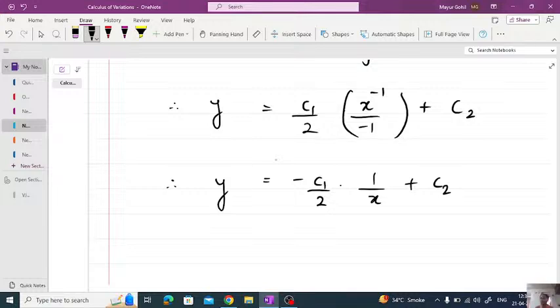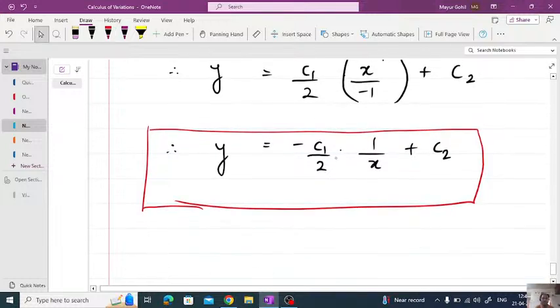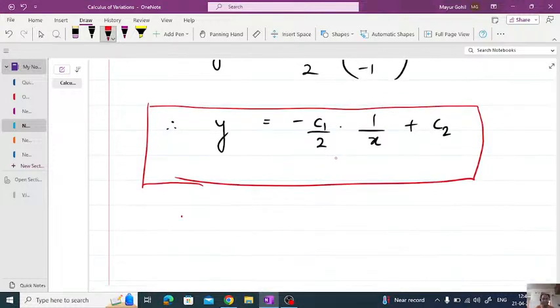So see what is very important over here. This is the answer that you got. No problem. This is the final answer. But now because it is all constant game, the constants can be adjusted. So what can be done in this case? You can still do a little bit of adjustment.